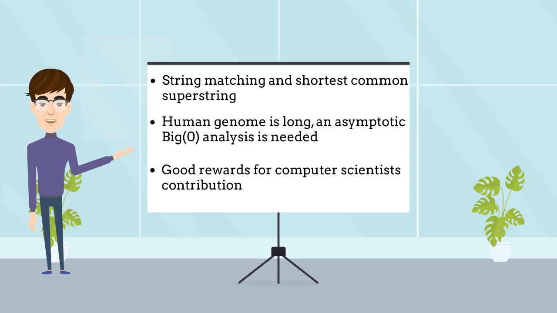For instance, the human genome is nearly 3 billion base pairs, or characters, long. Therefore, asymptotic big O complexity analysis is rightly needed on this large problem size. Also, sufficient amounts of money are being invested in genomics for computer scientists' contributions.